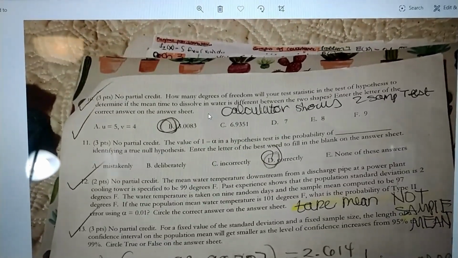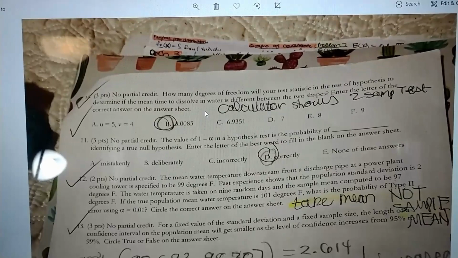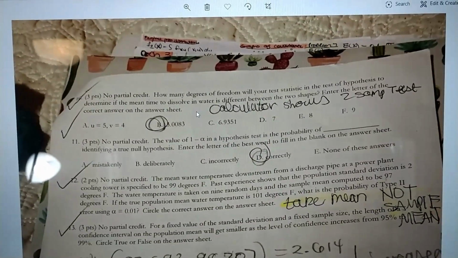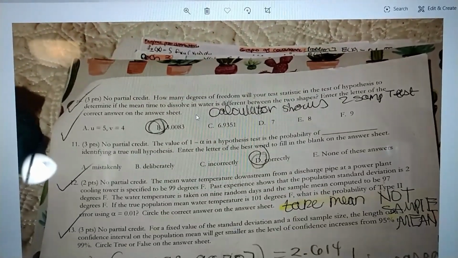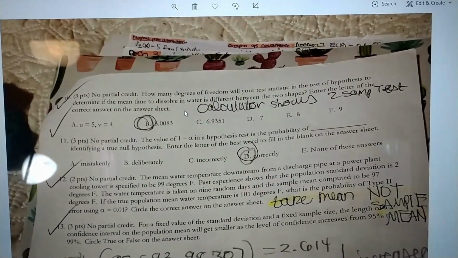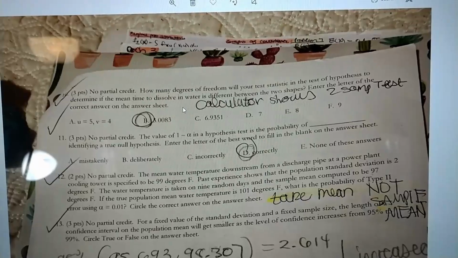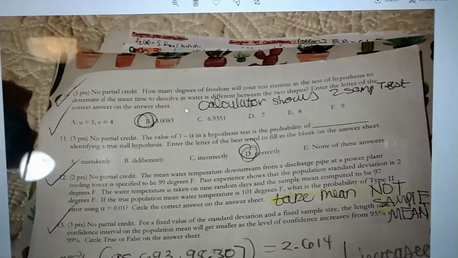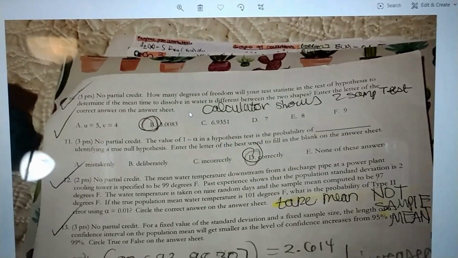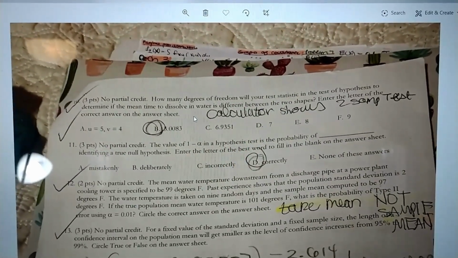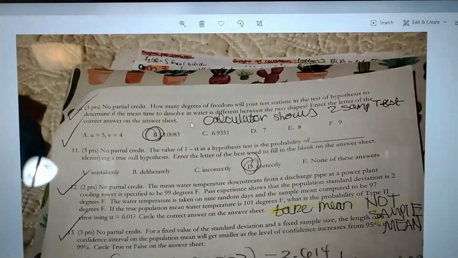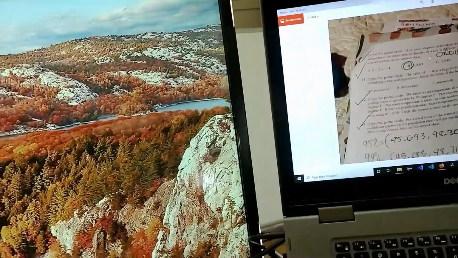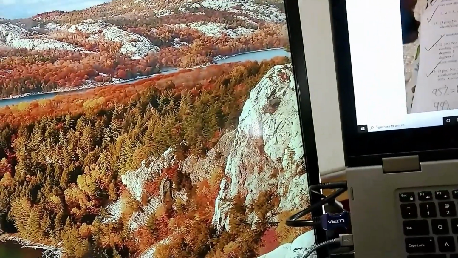And so out of the notes and out of the book, if we're in a case 1 situation, then the degrees of freedom is just the number of samples from population 1 plus the number of samples from population 2 minus 2. But if you're in a case 2 situation, then it's a much more complicated equation.